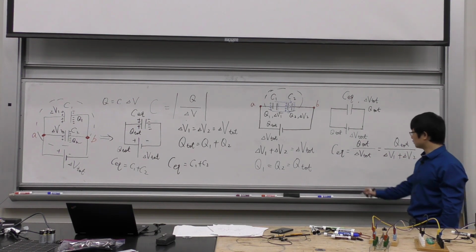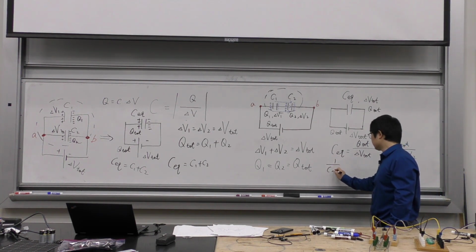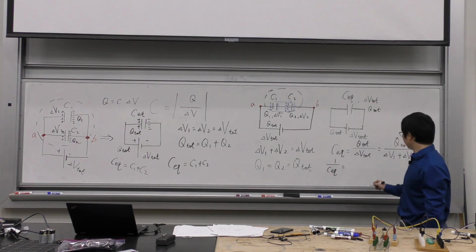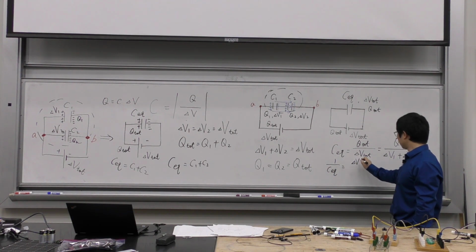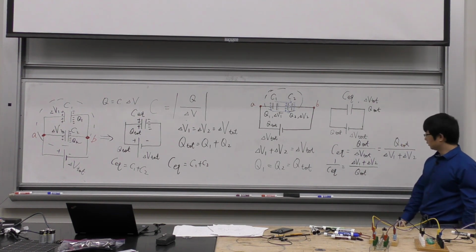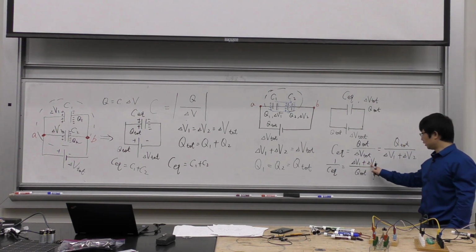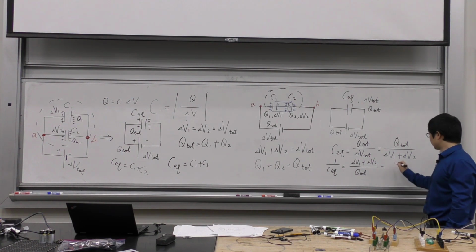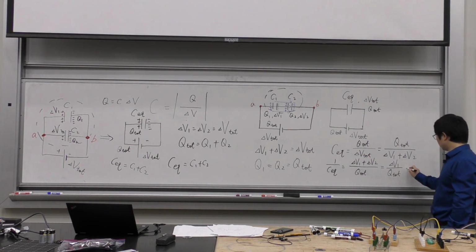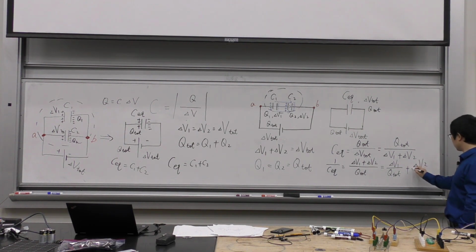But if you take the inverse, that's the trick, right? If I take the inverse, what do I get? I would get V1 plus V2 at the top over Q total at the bottom. Now you can split these two numbers, right? Now you will get V1 over Q total plus V2 over Q total.